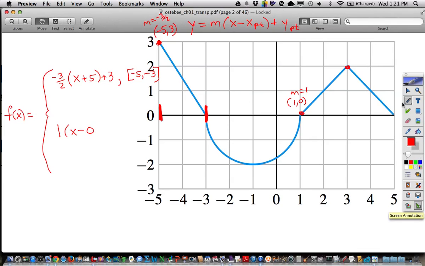Oh, whoops. x minus 1, isn't it? Yeah. x minus 1 plus 0. You don't have to put the plus 0, but just for emphasis there. Okay? And then that goes from where to where? 1 to 3, right there. So from 1 to 3.